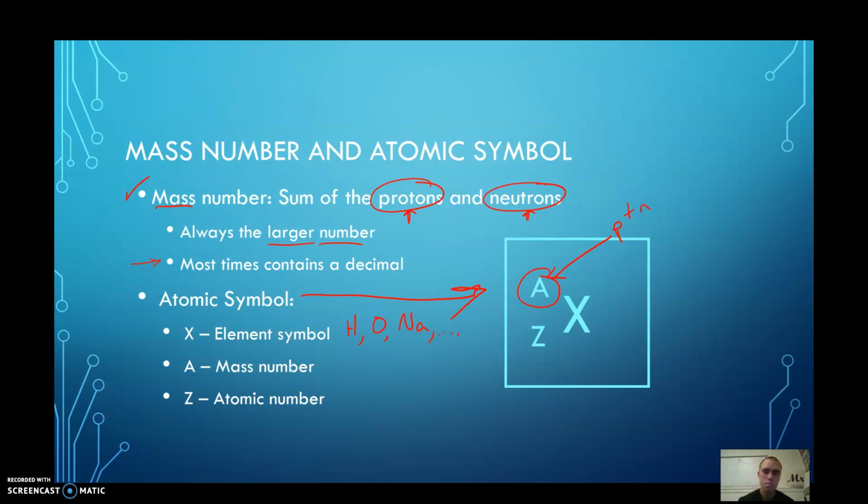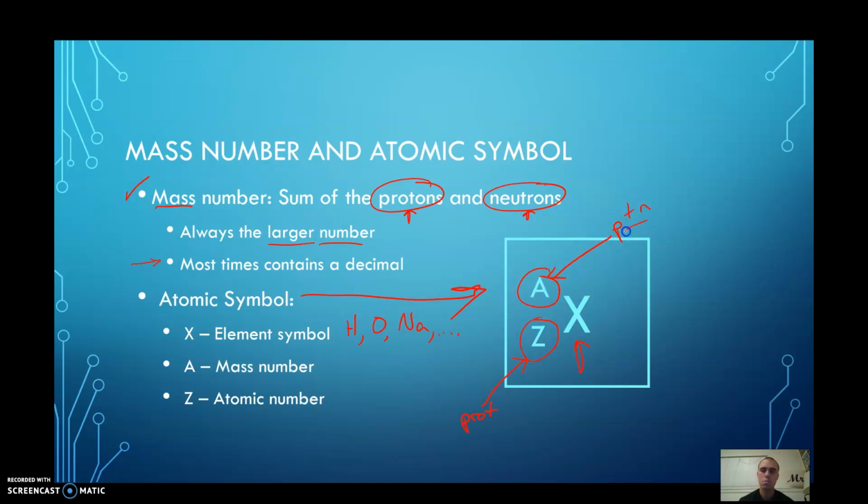That's my bigger number. Z down here is just my atomic number, or the number of protons. So when you see a notation like this, or maybe you get asked to provide this type of notation, now you know where these numbers come from. This is the symbol.